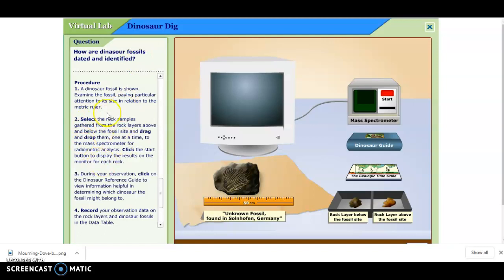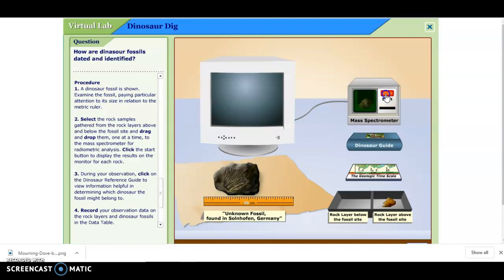So as the procedures say, we're going to take a rock from the layer below the fossil, and we put it in this thing called the mass spectrometer. Now, mass spectrometers are really cool pieces of equipment. What they do is they analyze rock samples or any other material, and they tell you what chemicals are in there and how much of each one.